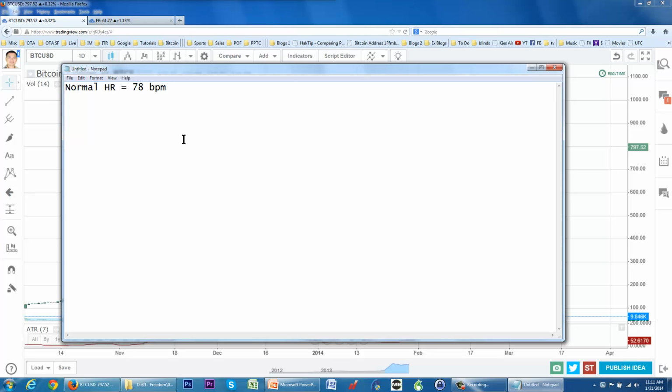Now, if you know that my heart beats 78 times per minute, and I were to tell you that my heart rate is now at 140 beats per minute, that would let you know that I have a high heart rate. If I were in a lying position and not moving around, my heart rate would slow down to around 72 beats per minute, and you would know automatically that I have a low heart rate.